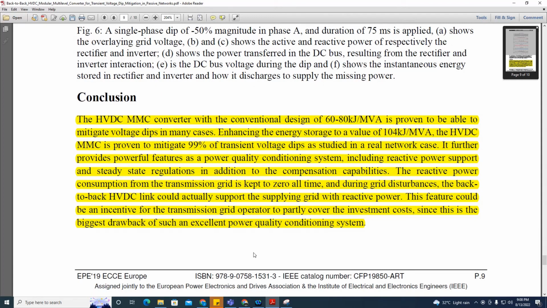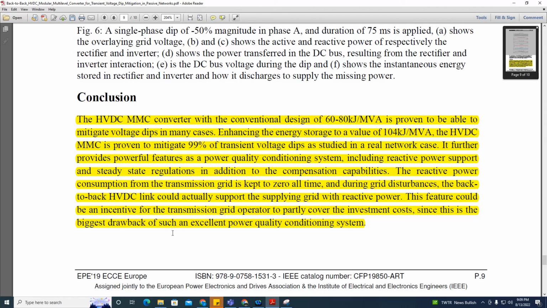The paper proposed that instead of the conventional design where 60 to 80 kilojoule per MVA is selected, even though 60 to 80 kilojoule per MVA is good enough to mitigate up to certain voltage dip severity cases, when you make this design 104 kilojoule per MVA, then 99% of the voltage dip issues which were happening in the sun passive network dynamic loads will be mitigated successfully. So this paper suggested that back-to-back HVDC MMC is the recommended approach to mitigate the voltage dip issue.